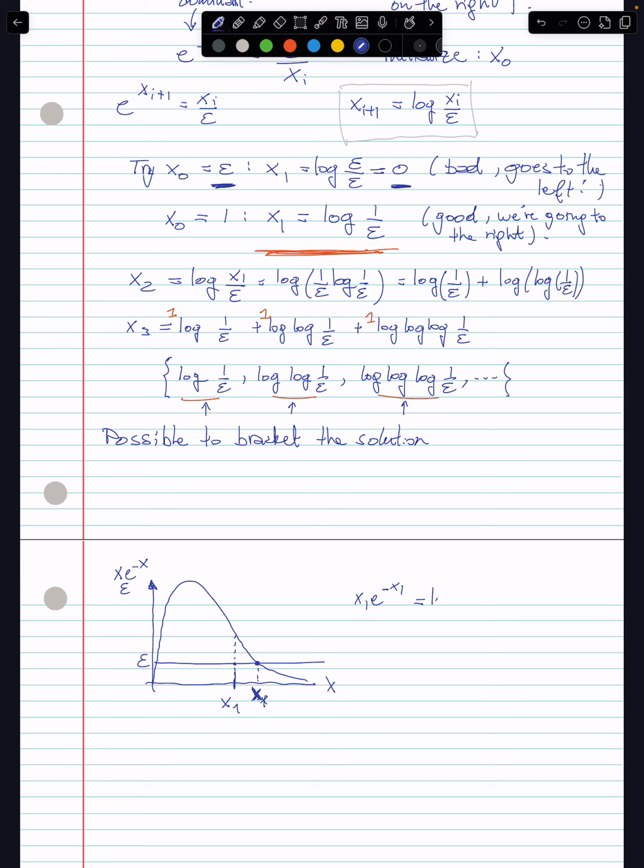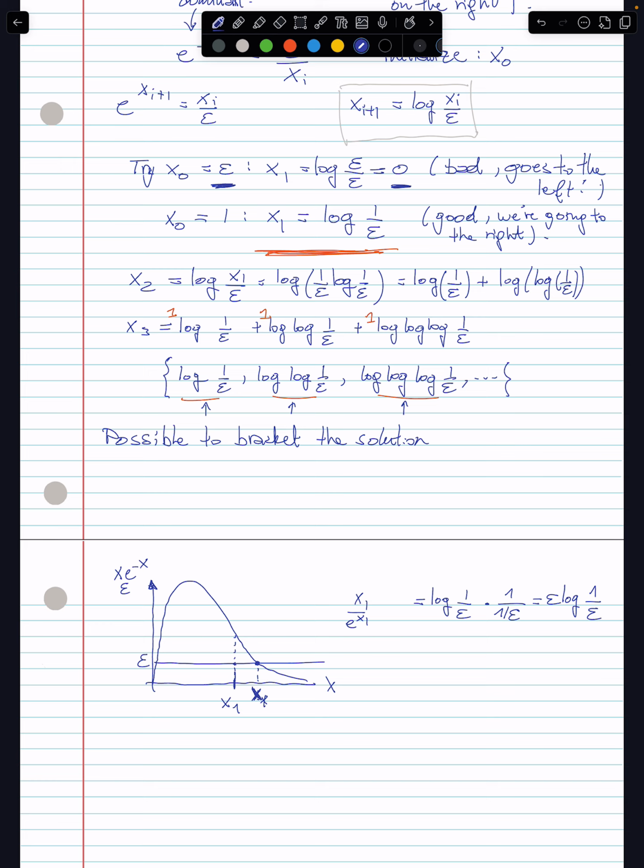So we have the log of 1 over epsilon multiplied by the exponential, or divided by, let me write it this way, I could divide by the exponential of x1, and the exponential of the log, so I need to divide by epsilon, right? So this is times 1 over epsilon. So it means we have epsilon times the log of 1 over epsilon. All right.